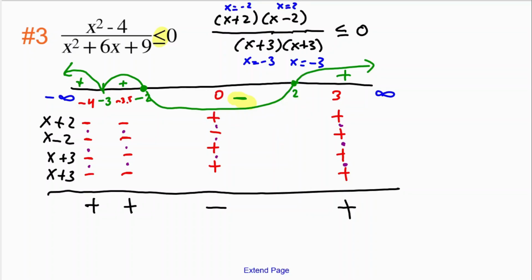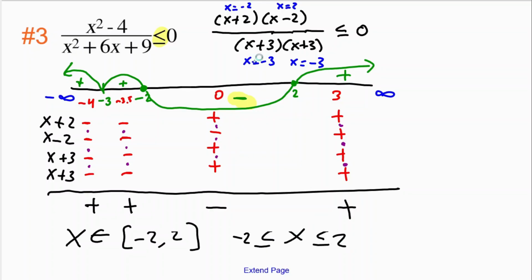That's going to be x is an element of, or x belongs to, the interval -2 to 2. And then, of course, we want to do inequality notation. That's just going to be x is greater than or equal to -2 and less than or equal to 2. Again, plug in values, and you'll see that this should work. Okay, so that's our answer for this.